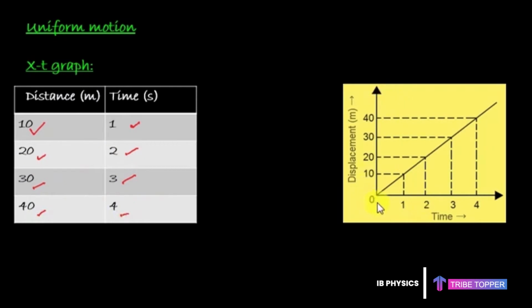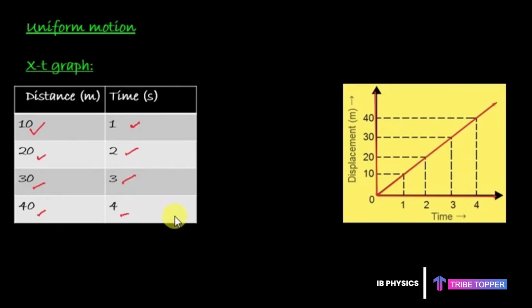Here I've taken x-axis, time, and y-axis is the distance. So when you plot the points 10, 20, 30, 40 on the y-axis and 1, 2, 3, 4 on the x-axis, you'll get a straight line which is inclined to time axis.